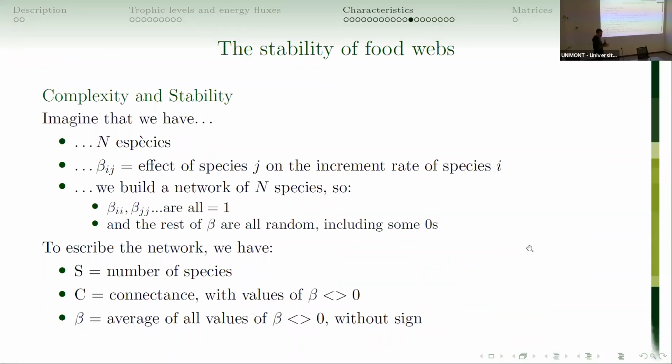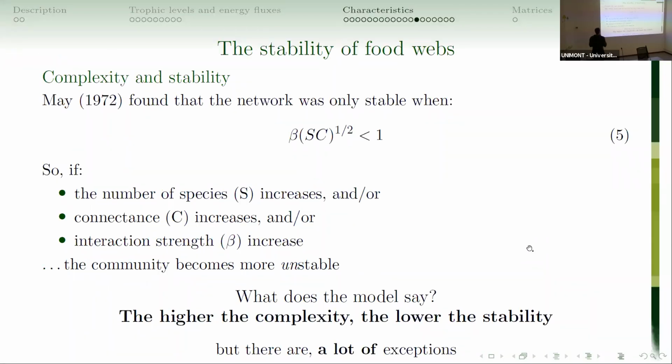So they saw, modeling many different webs, that the food webs were only stable when the product of the mean interaction strength by the species at connectance to the 1/2 was lower than 1. Lower than 1. What does it mean?